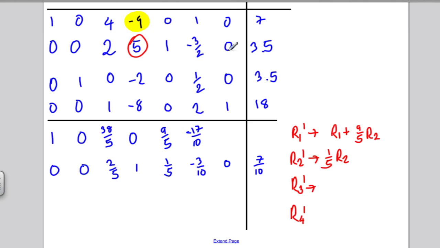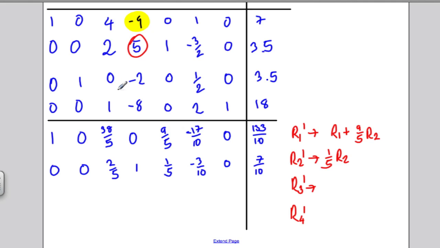And this plus 9 fifths of that is still 0. And 7 plus 9 fifths of 3.5, you get 133 over 10. So as you can see, you really need your calculator at hand here to work these out quickly for you.